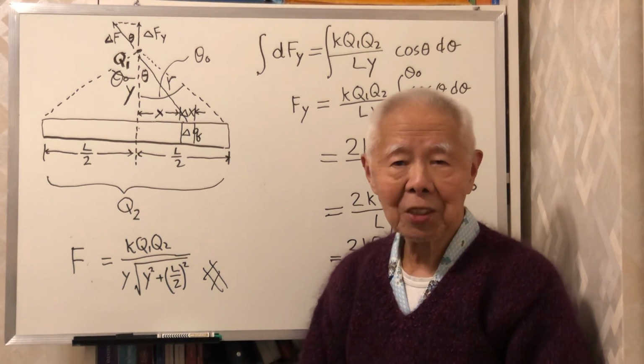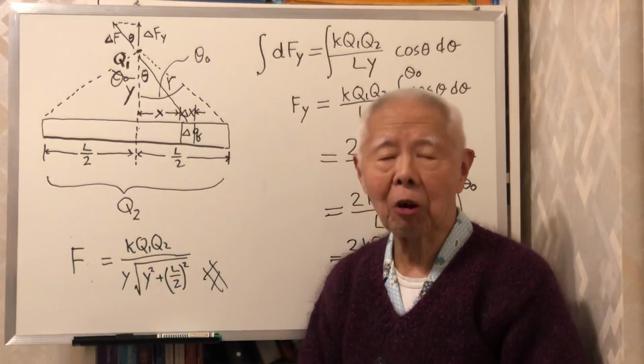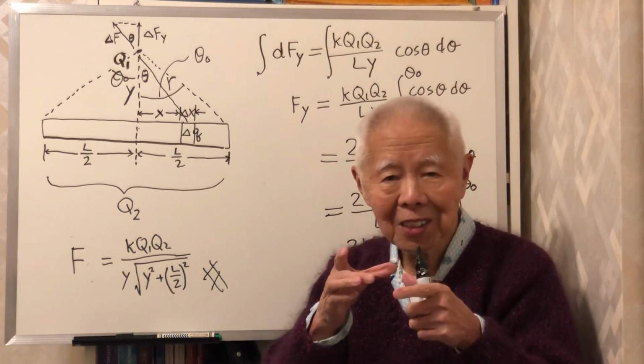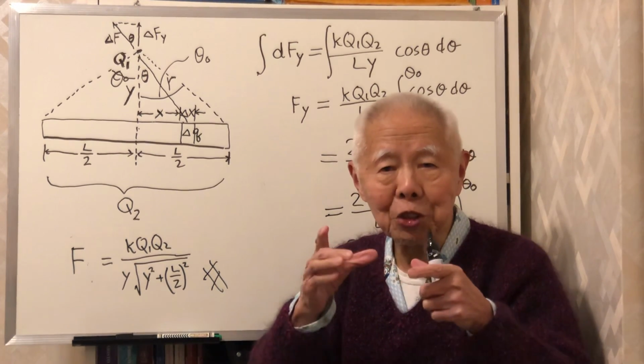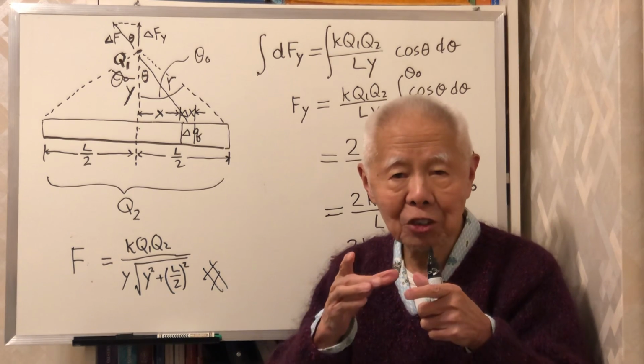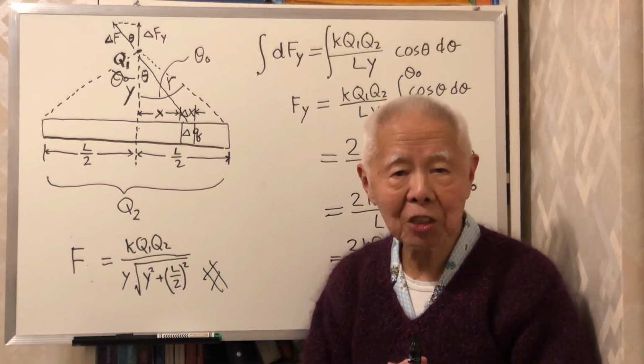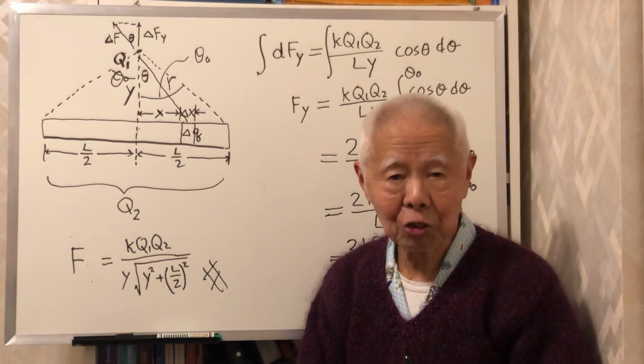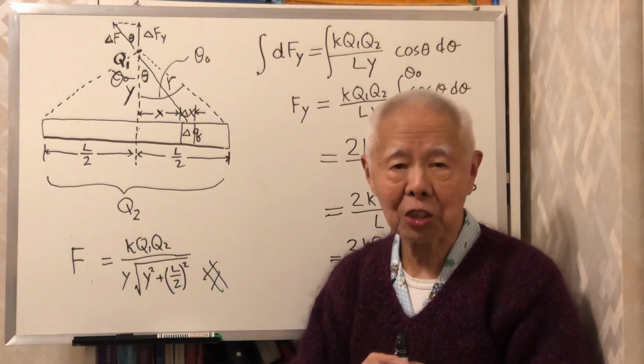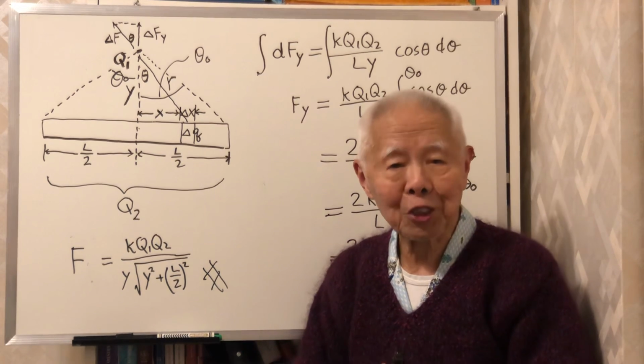Then after that, we will have another example. If you have a circular disk which is uniformly charged, and a point charge on the axis of the disk, what is the force?